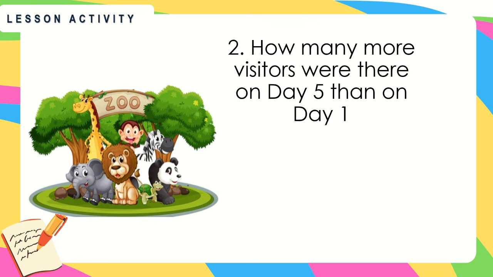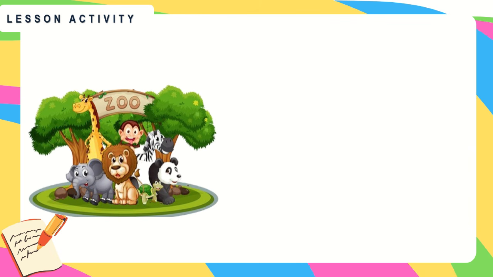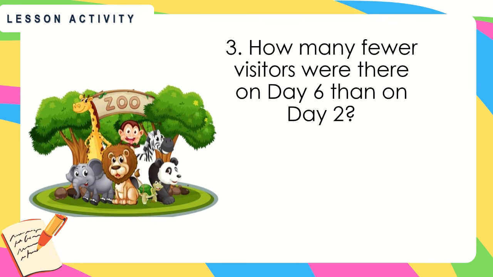How many more visitors were there on day 5 than on day 1? Very good. There were 600 more visitors on day 5 than on day 1. How many fewer visitors were there on day 6 than on day 2?